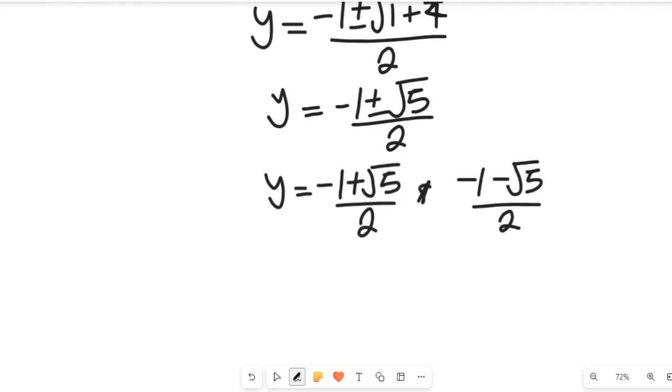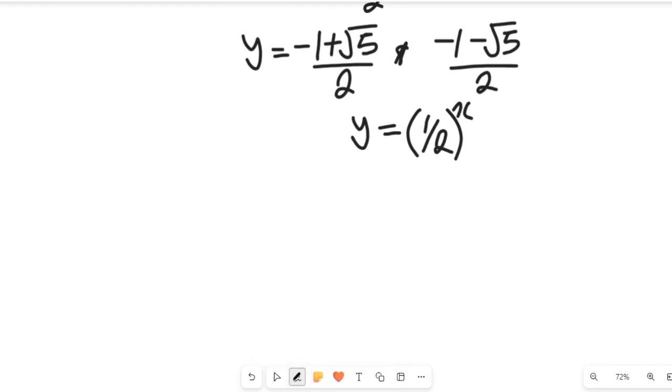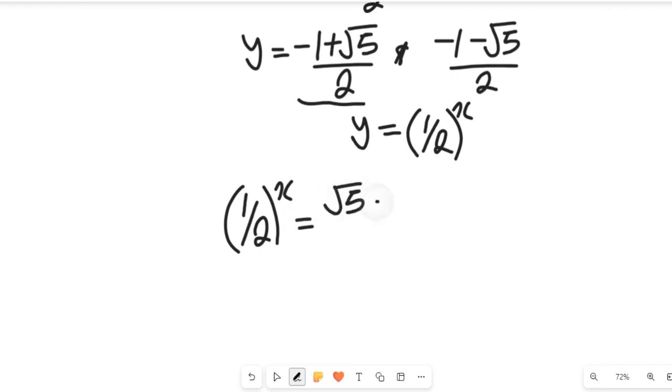Now recall that we said y is equal to 1 divided by 2 all to the power of x, right? So we are going to find the value of x. If we find the value of x, the first side of the equation gives us 1 divided by 2 all to the power of x to be equal to square root of 5 minus 1 divided by 2.